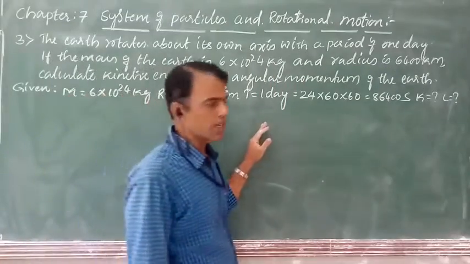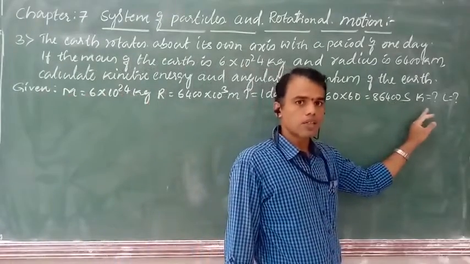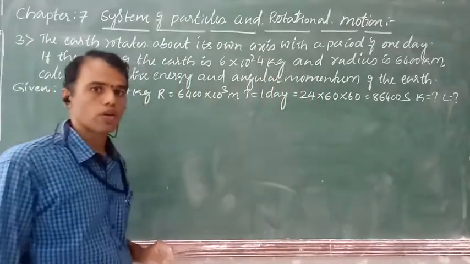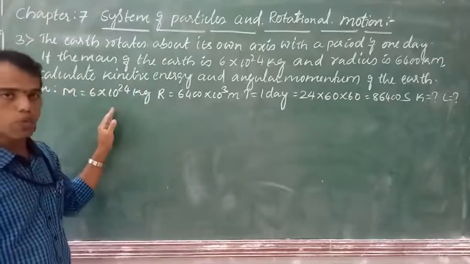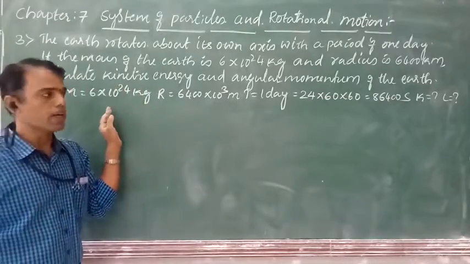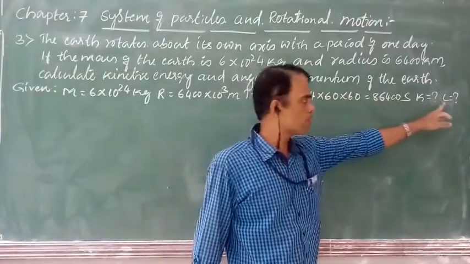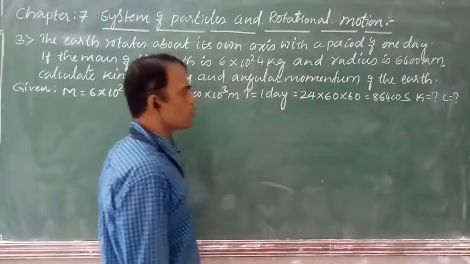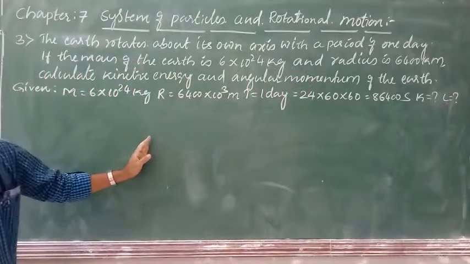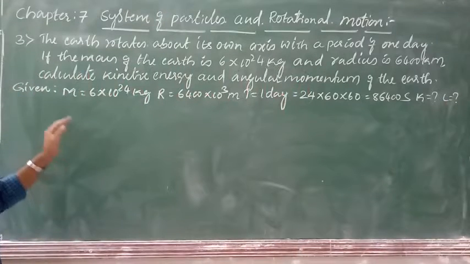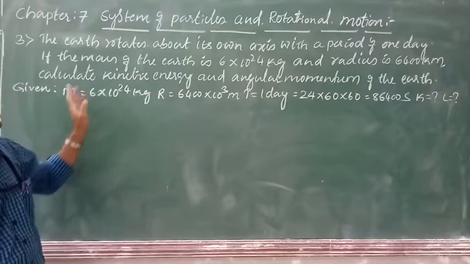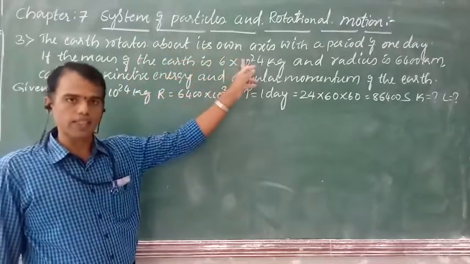So now we want to know the kinetic energy and angular momentum. We know the kinetic energy formula in case of rotational motion is K = ½ I ω², and angular momentum is L = I ω. To find both, initially I want to know the moment of inertia of the Earth rotating about its own axis.